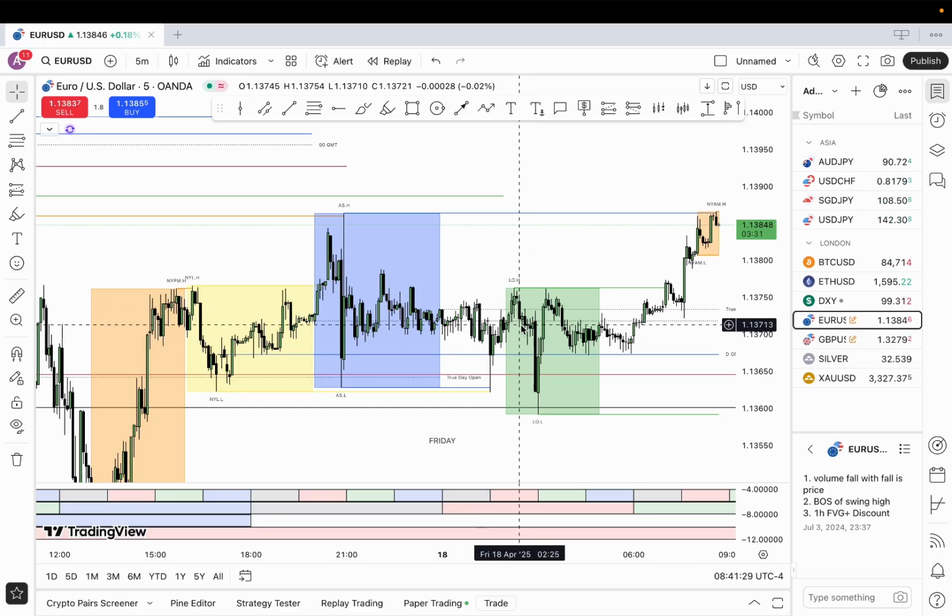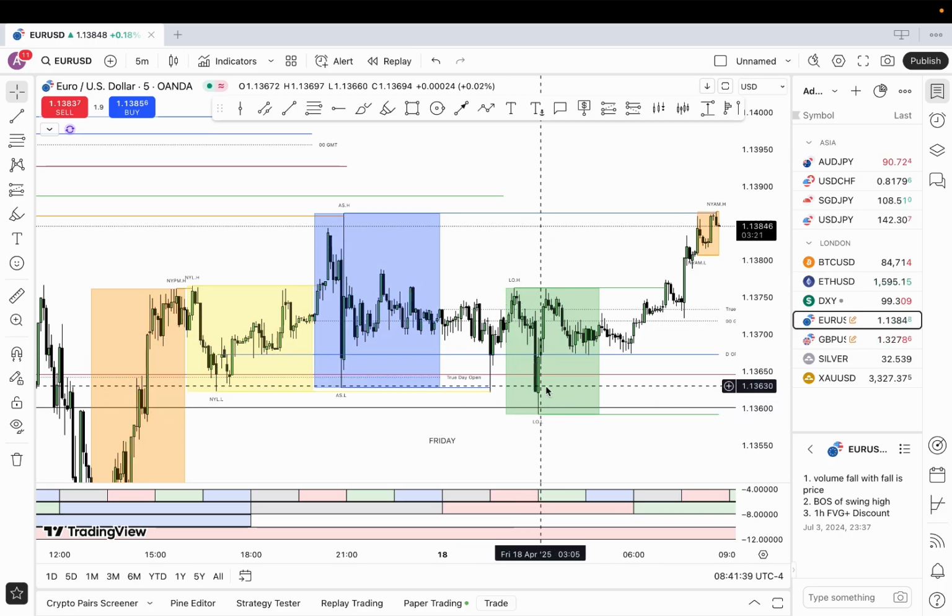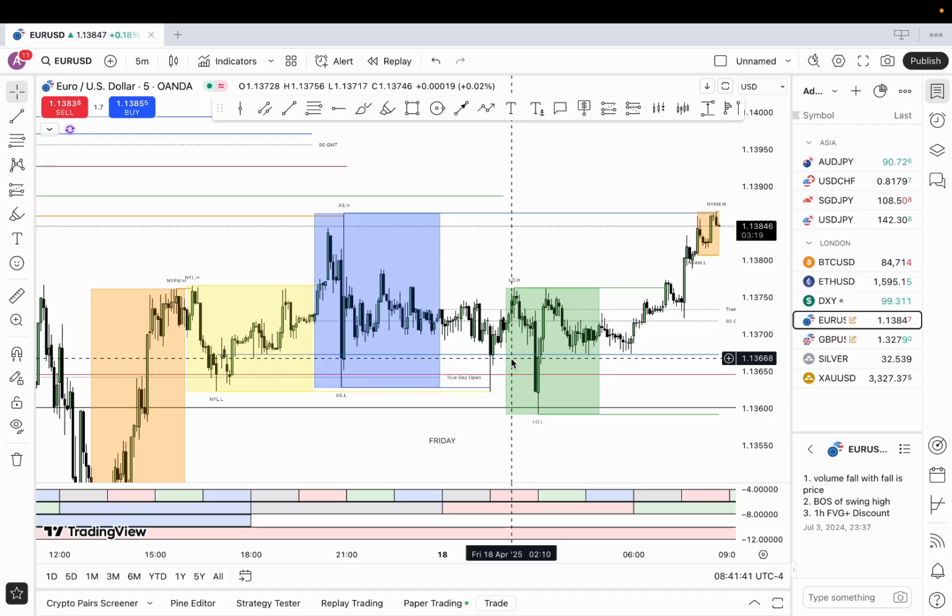Entered over here, you can see these green candles, they're buying orders, and the next candle took all their SLs over here. See, that's why I'm saying trade only with multiple confirmations. Don't just see any market structure shift and take a trade. So this happens.